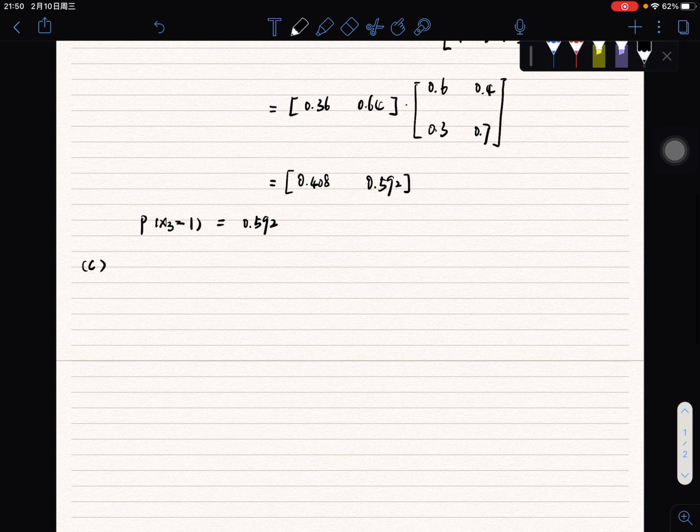And the third question is to find the probability of x1 equals 0 under the condition of x3 equals 1.